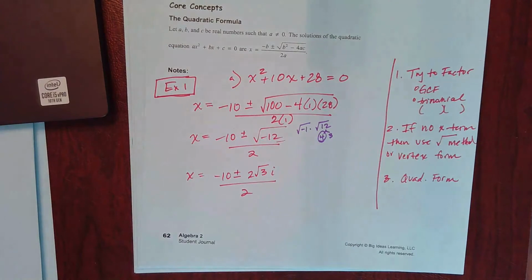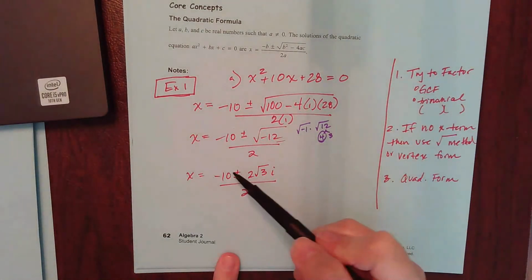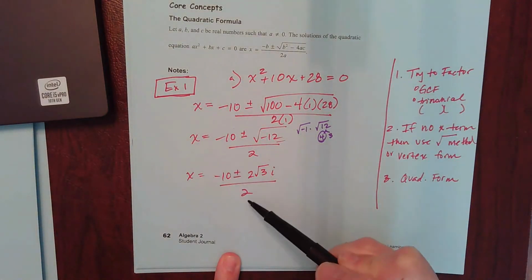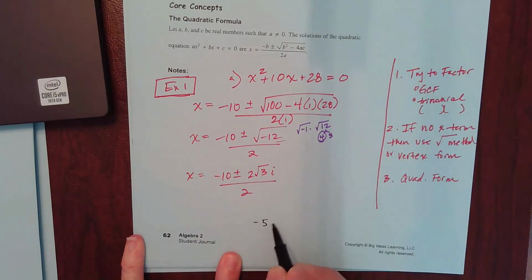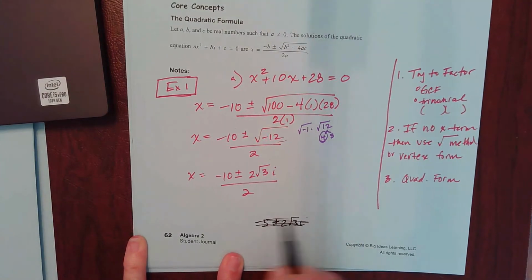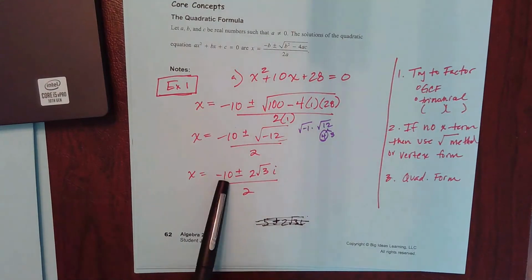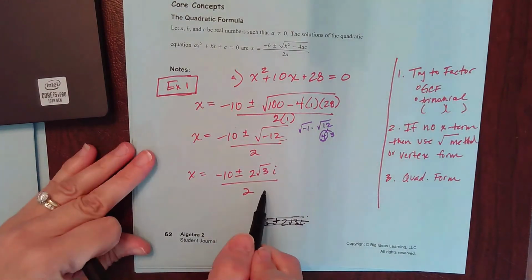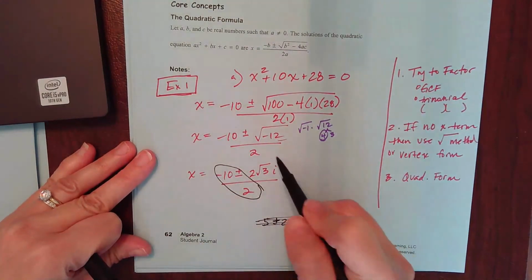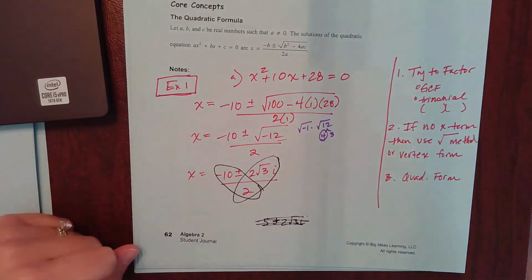What I see as the most common mistake is that people will simplify, like they'll say negative 10 over 2 is negative 5, and then they'll write negative 5 plus or minus 2 root 3i. This is not correct. And the reason why is because not just the negative 10 is being divided by 2, but this is as well. So you have to remember that both of these values are being divided by 2.